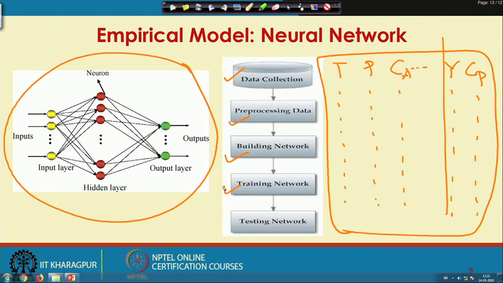During the training of this network, certain parameters within the neural network will be adjusted, so that during testing the neural network can predict what will be y and what will be the product concentration given any temperature, pressure or these input variables.